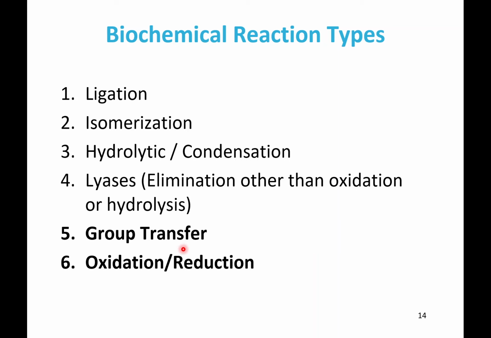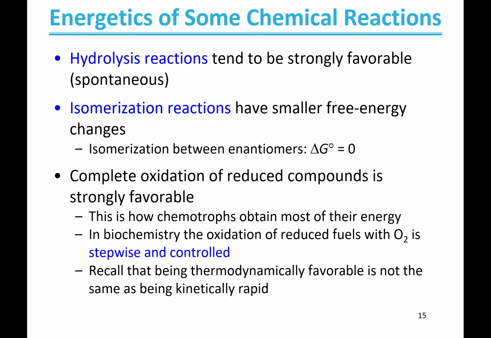Probably the two that are the most important moving forward are group transfer and oxidation reduction reactions. We'll see more examples of those, but we do see examples of all of these reaction types in the metabolic pathways we cover in this class.